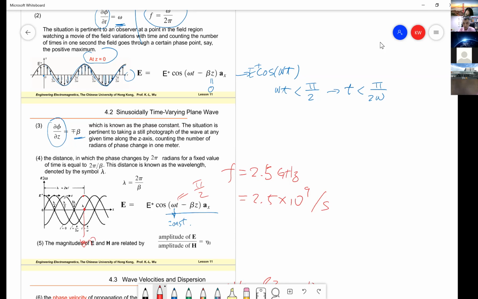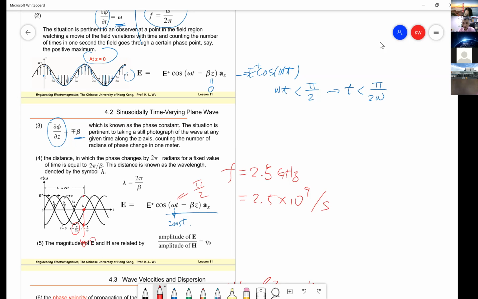Then when omega t equals pi, this is completely downward. Also its magnitude is not a constant. At this time instant, the magnitude equals 0.